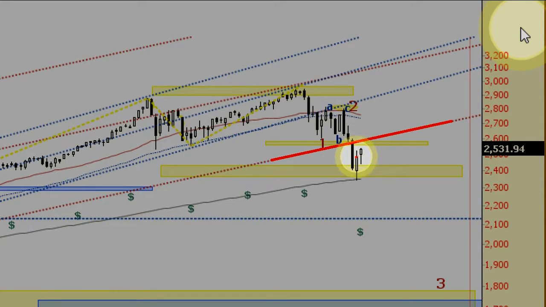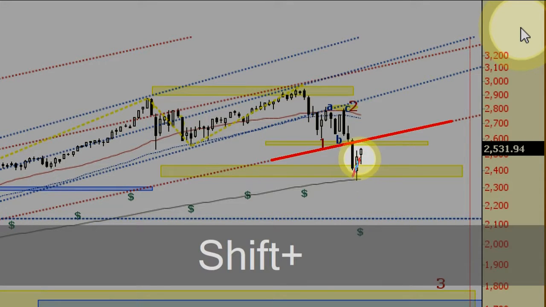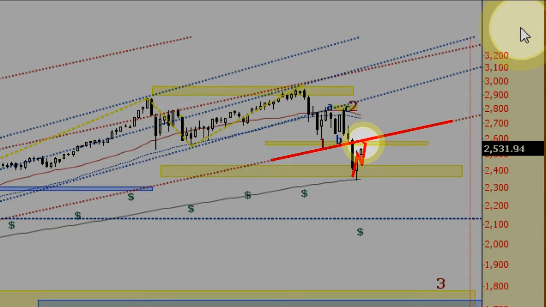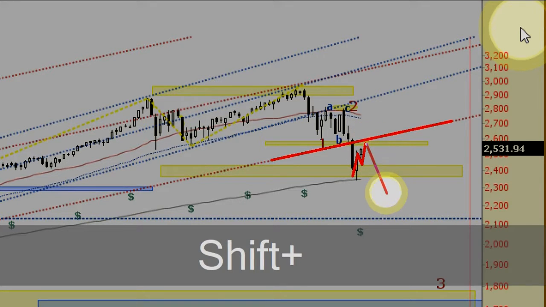Bounced off of it. Now it's hard to see here, but you can kind of see a little zigzag pattern, and probably we'll have some follow through next week, a little higher, up into the underside of this channel. That happens a lot, and then what you'll see is, the market generally will fall away.